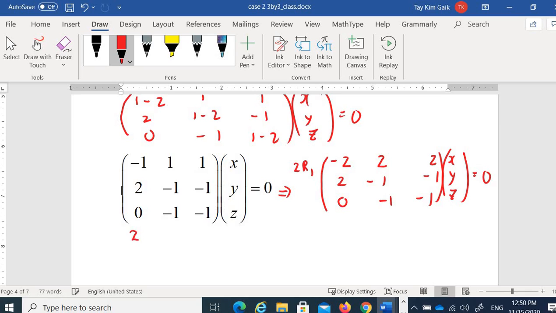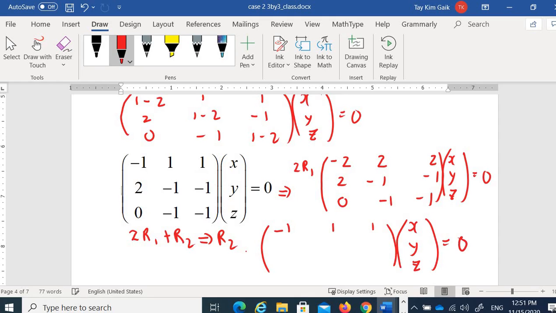Now you take the operation 2 row 1 plus row 2, put it into row 2. Okay. So row 1 there's no changes. This operation shows how we multiply 2 times row 1 and add up with row 2. So there's actually no changes on row 1, and no changes on row 3.